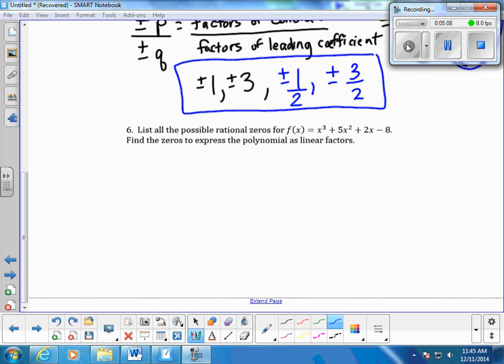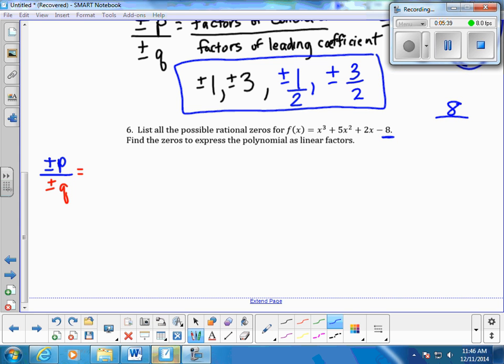Alright, let's do that one more time. Let's list all the possible zeros for this polynomial function and then express it as linear factors. Okay, so this time we're going to take it a step further. First of all, we're going to do our plus or minus p over plus or minus q to find out what they are. The p is going to be of 8, and we don't need to worry about it being negative 8 because we're going to have plus or minus everything.